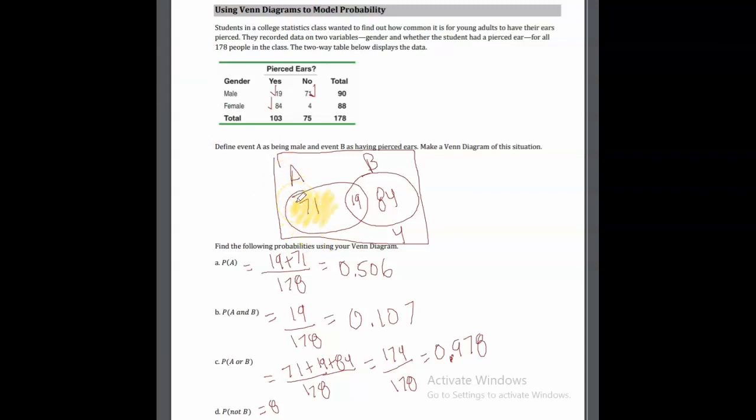So that would be all of this part, and all of this part would be my not B. Four plus 71 divided by 178. 75 divided by 178. So 42% of people do not have their ears pierced.